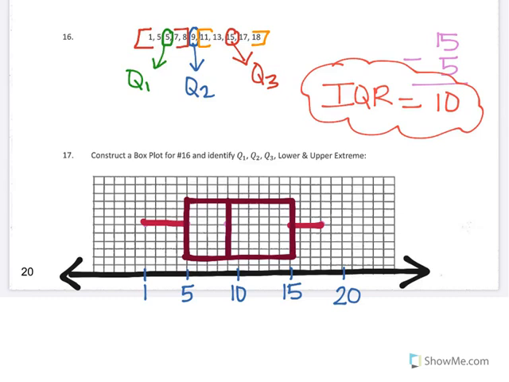So I will just write, this is my lower extreme, and this is my upper extreme at these 2 points. And then I also have my quartile 1 at this point, quartile 2 is the center line, and quartile 3 is the other end of my box. And that's going to end this video explaining your statistics review worksheet.